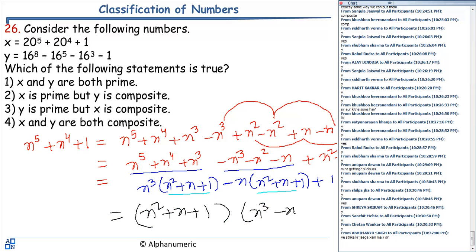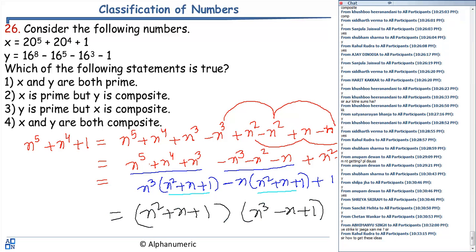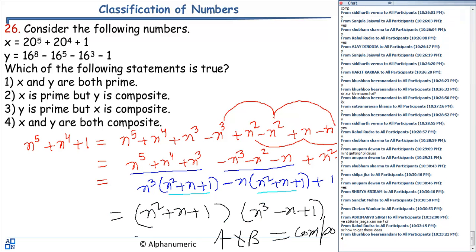Since this number is a product of two factors a into b, this is also a composite. So you can remember this as a standard result: the factorization of n raised to power 5 plus n raised to power 4 plus 1 is always n square plus n plus 1 into n cube minus n plus 1.